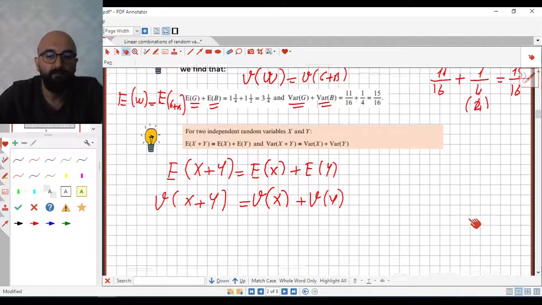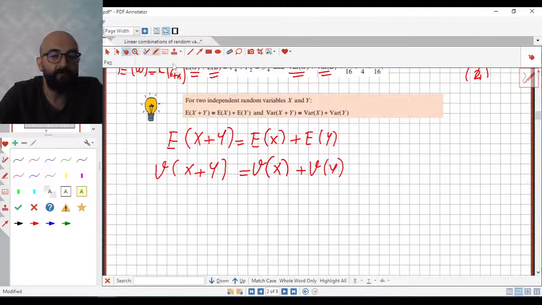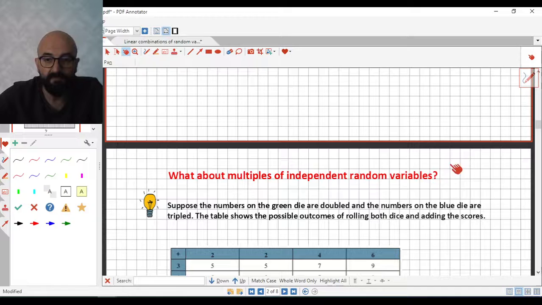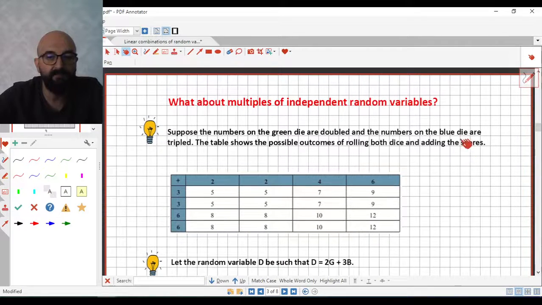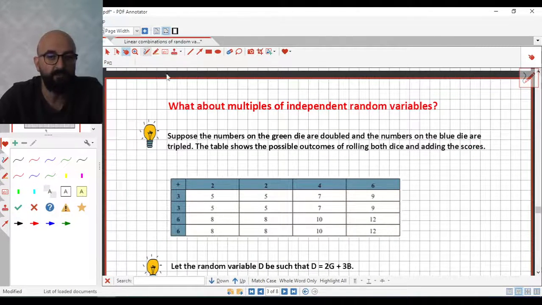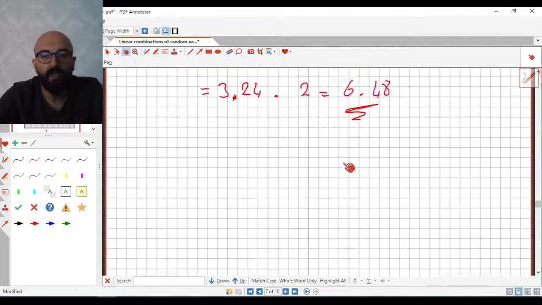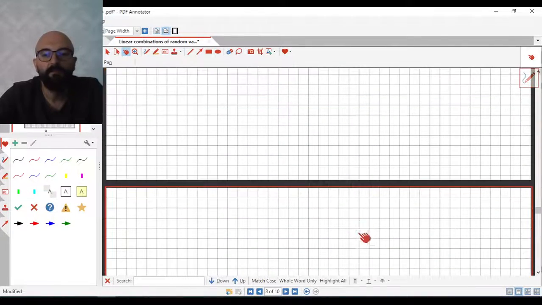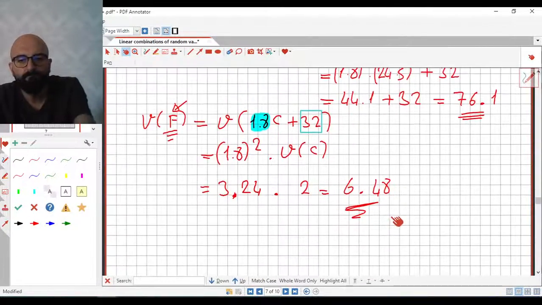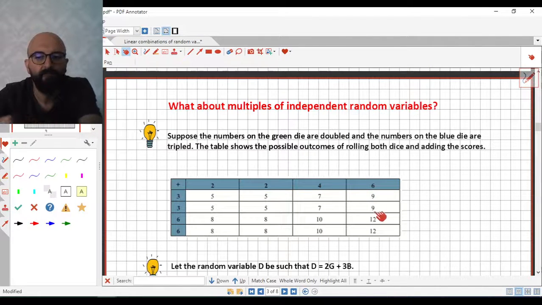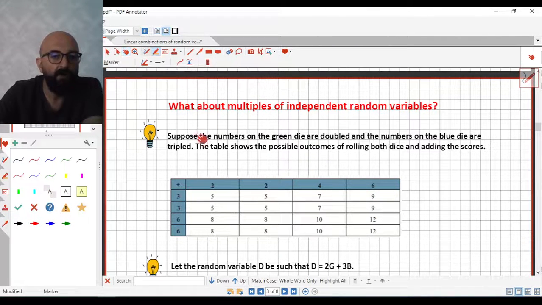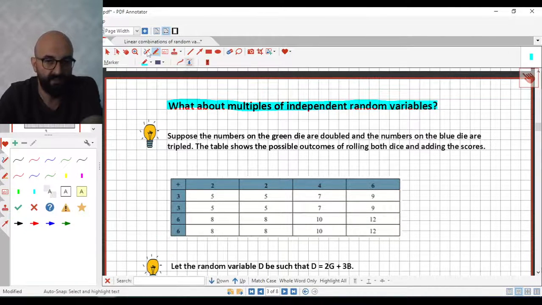Okay, now we will pass to the other section. What about multiples of independent random variables?